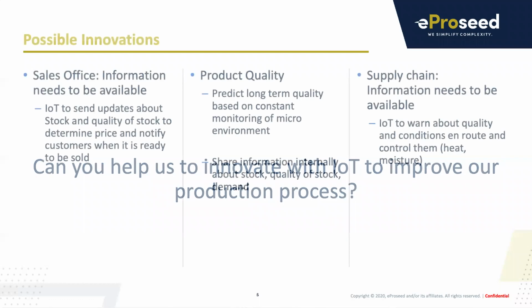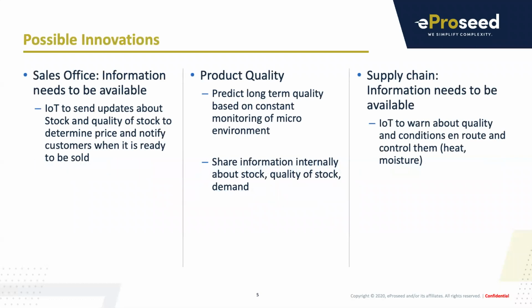summarized on one slide brings us to the possible innovations that we can share and implement for the customer. So possible innovations, sales office, all the information that needs to be available. You can do that by means of IoT, by sending out updates about stock quantity, determine the price for customers, and notify customers whenever the product is ready to be sold.